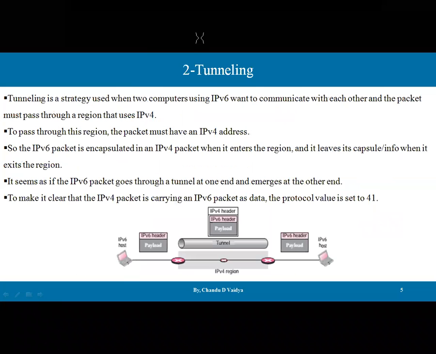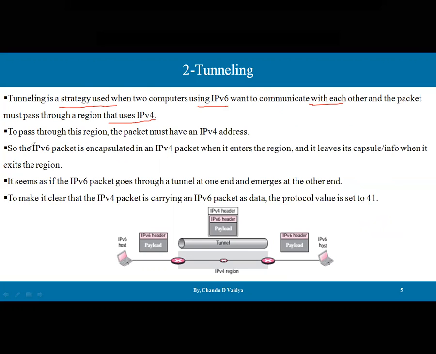Let's take the second one, that is tunneling. What is the meaning of tunneling? Tunneling is the strategy used when two computers using IP version 6 want to communicate with each other, and the packet must pass through a region that uses version 4. So here both the ends are IP version 6, but the in-between portion is IP version 4.